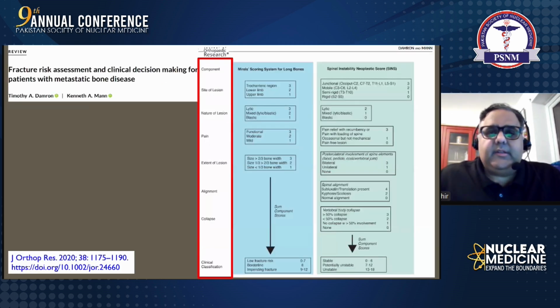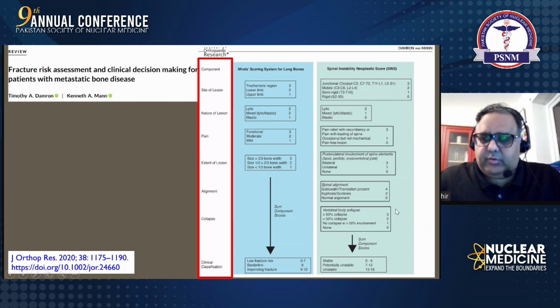Now, there are two risk scoring systems at the moment, primarily based on radiology. This blue box shows you the Mirels scoring system for the long bones, and this green box shows you the spinal instability neoplastic score for the spine. There are various factors to it. Basically, they depend on the site of the lesion, the nature of the lesion, lytic, mixed or blastic, pain caused by that lesion, and extent of the lesion, how much of the bone is involved.